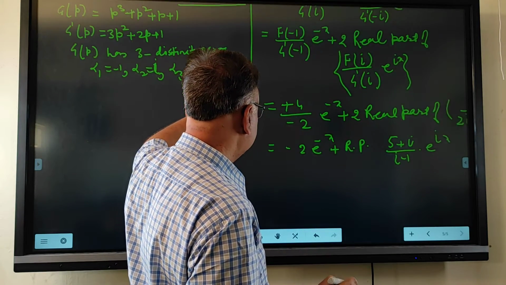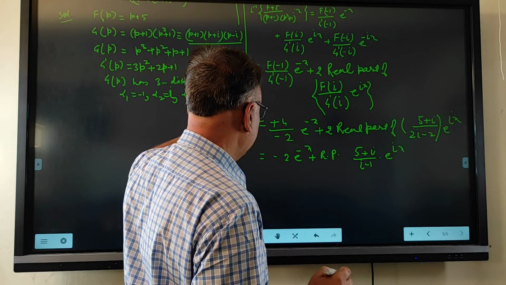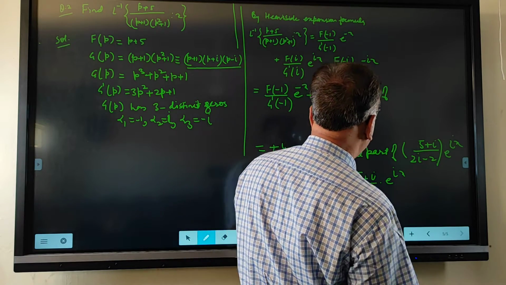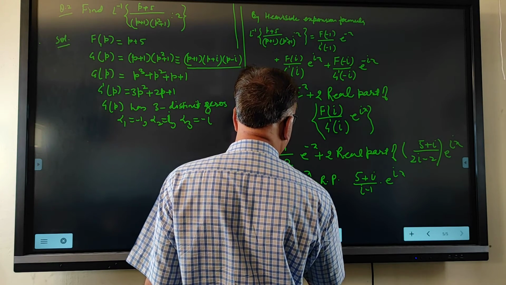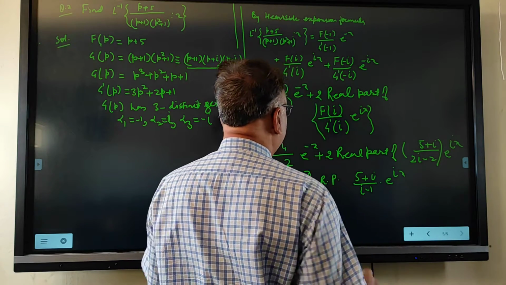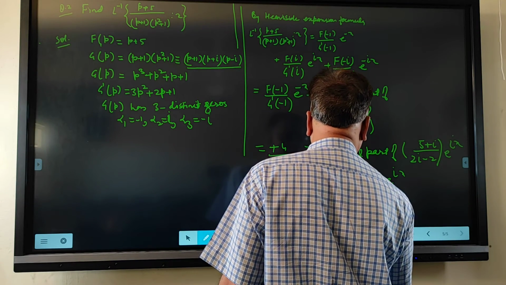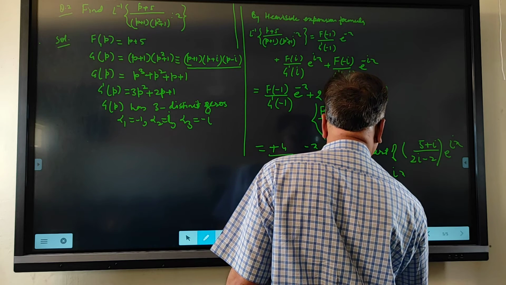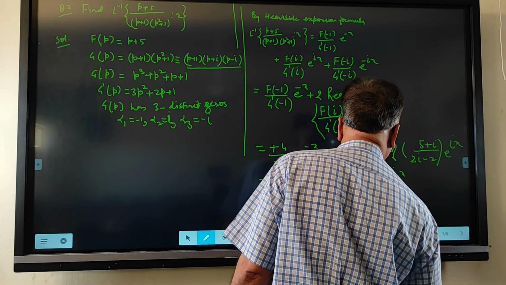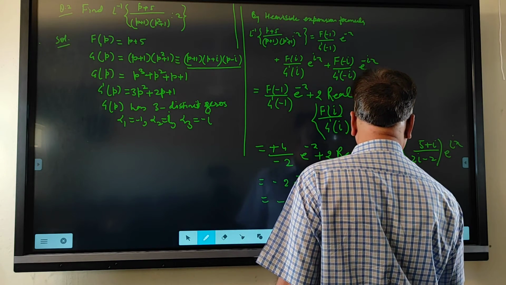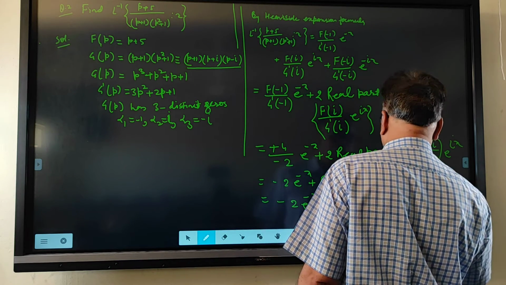By manipulating slightly, by multiplying this one by (i + 1) upon (i + 1), we get 2e^(−x) plus the real part of (5 + i)(i + 1) upon −2 into e^(ix).